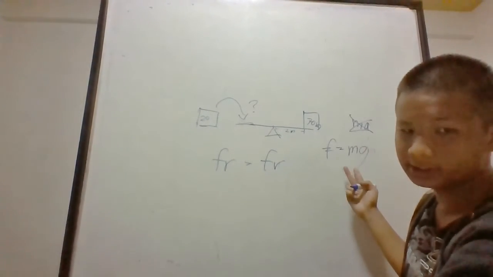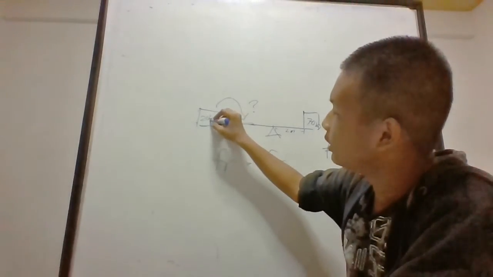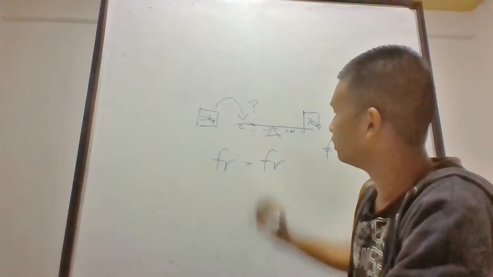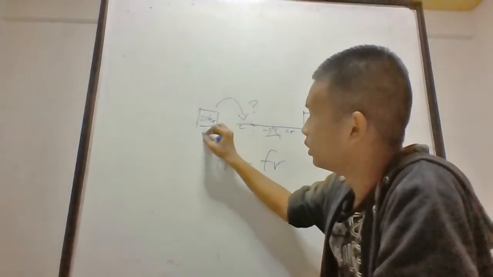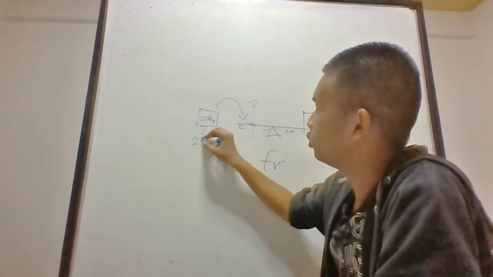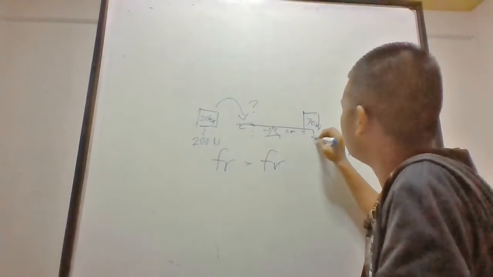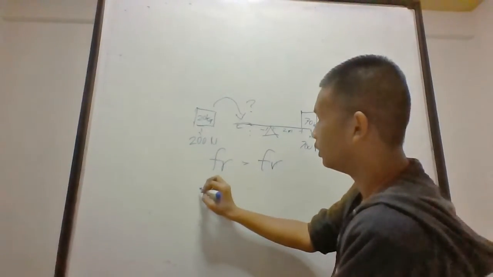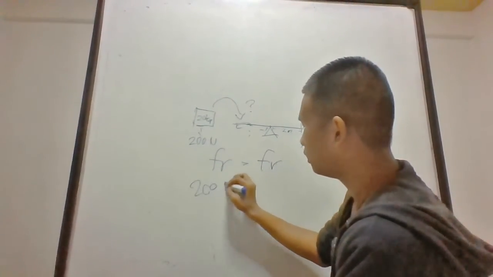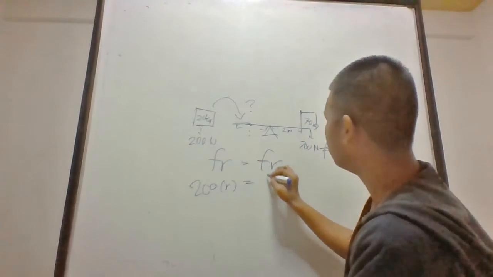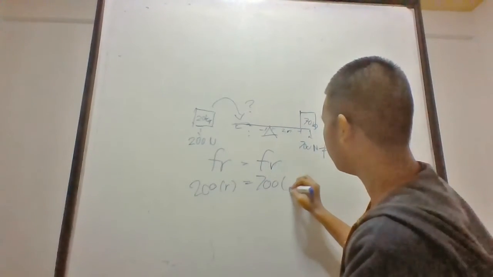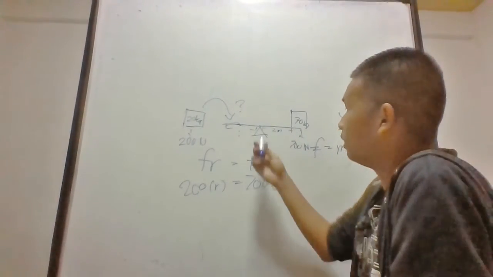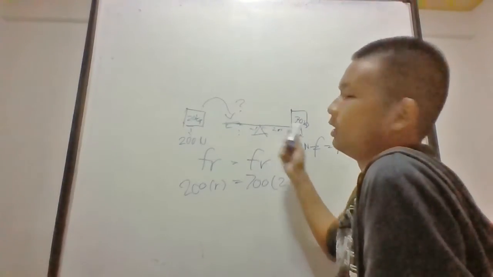This kid weighs 20 kilograms, so he will turn into about 200 Newton. And this kid will turn into about 700 Newton. So we put this here: 200 Newton equals 700 Newton times the distance between the center of mass of the seesaw and the kid.